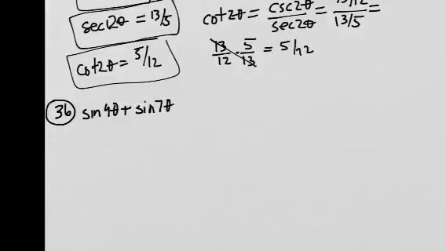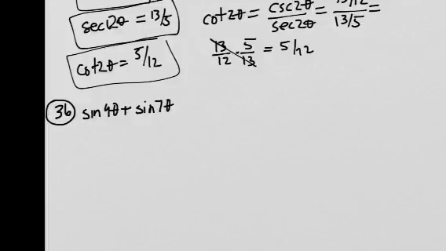Okay, so number 36, again, basically you just have to match it up to the formula on your list. This is the same as sine u plus sine v, so this is going from sum to product.